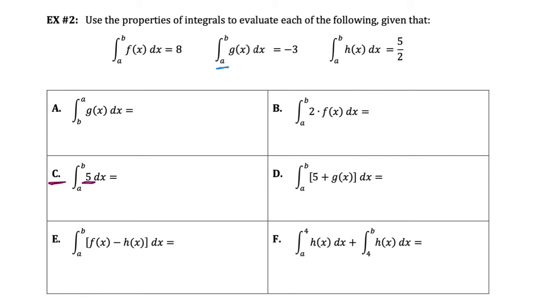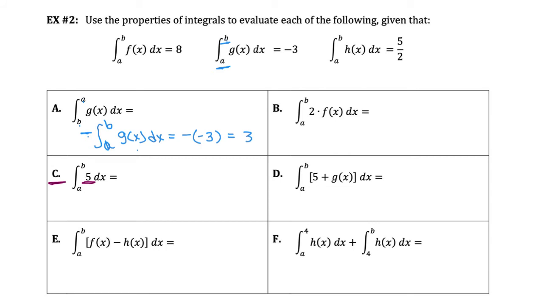All I know is here with their endpoints going from here A to B, not B to A. So what I need to do is introduce that negative and swap my endpoints and make them from A to B of g of x dx. And then that's going to tell me that's the opposite of the integral from A to B of g of x dx. So that's going to be negative of -3, which is going to give me +3.